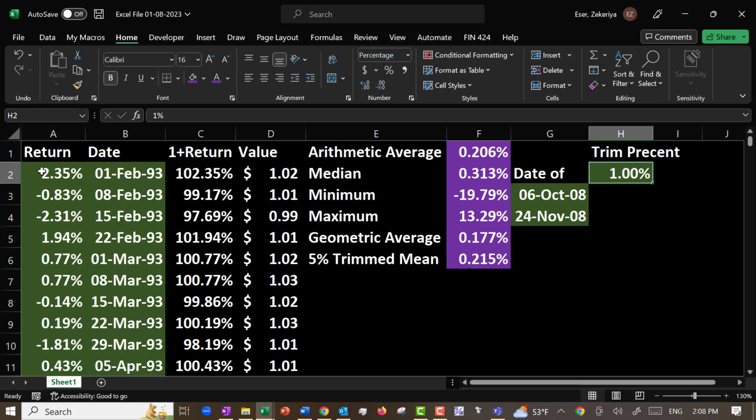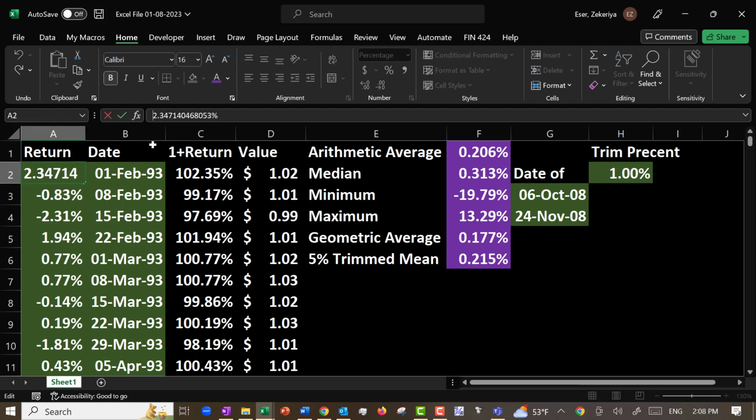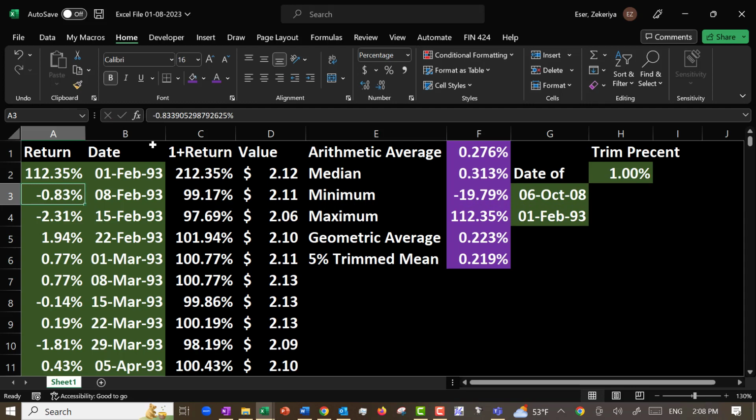Let's see how robust this is. It only went from 21.5 to 21.9. And the higher the trimming percentage, the higher the robustness.